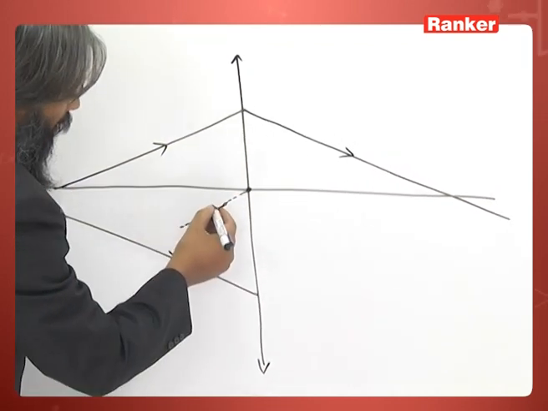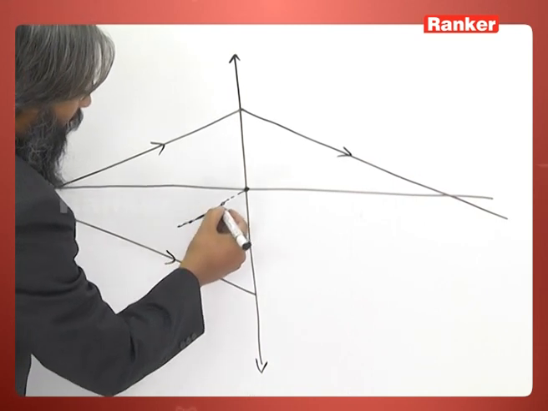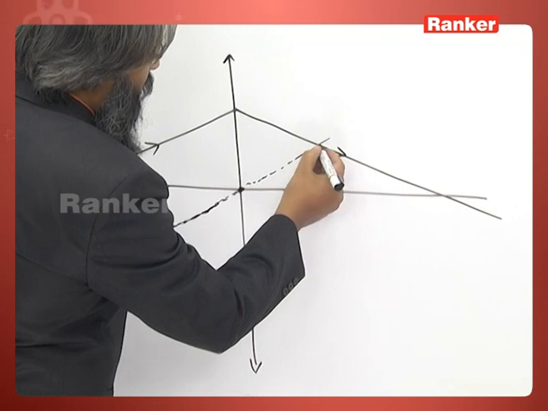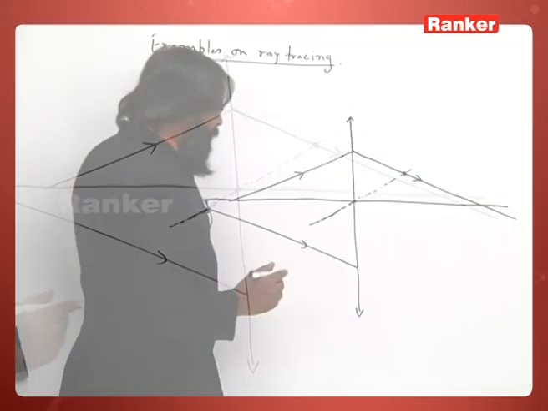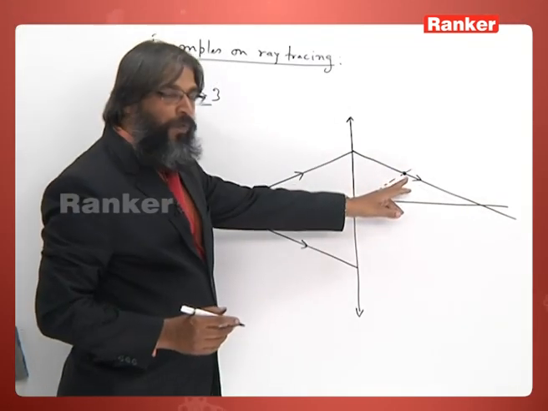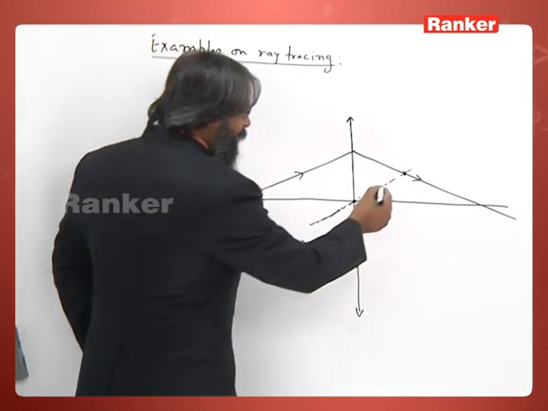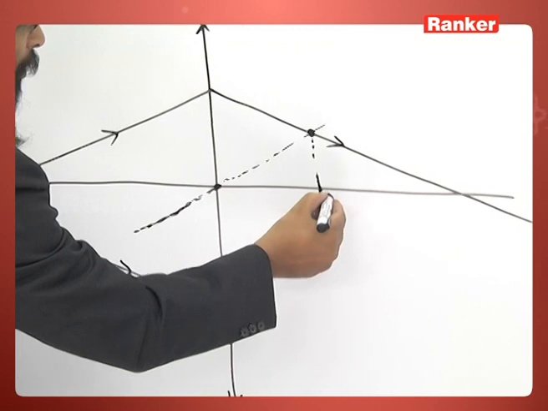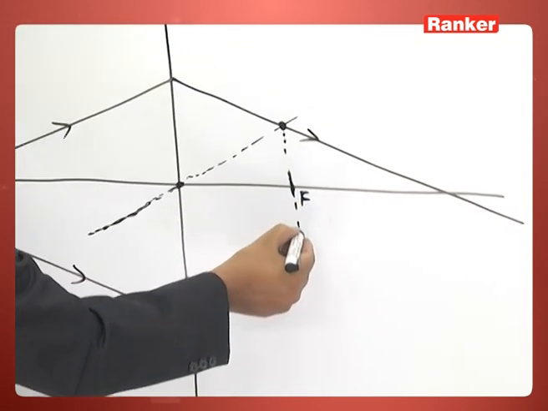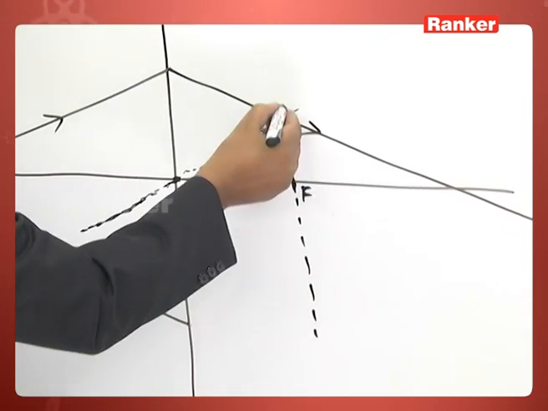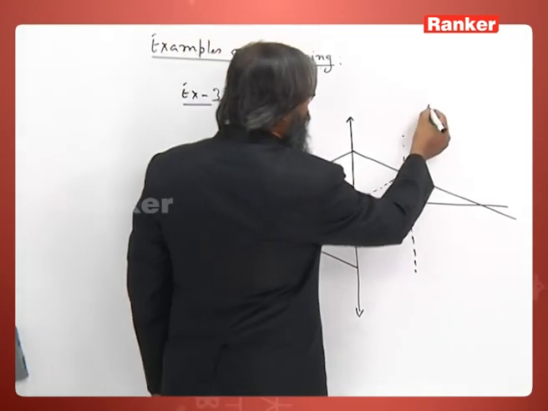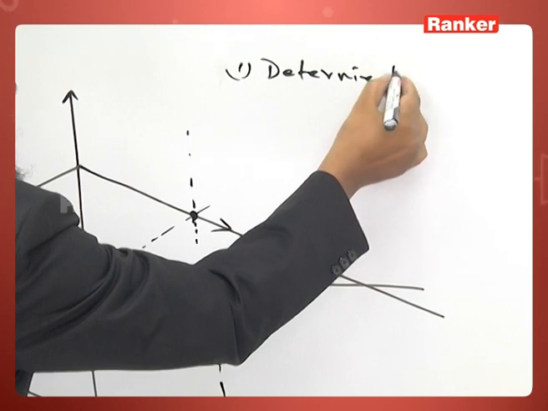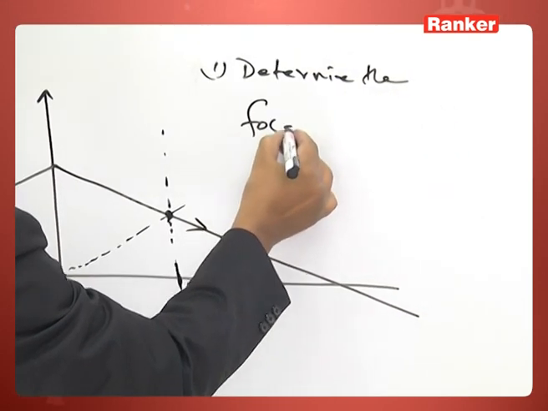Since this line is passing through the optical center, it goes undeviated. That means this is the focal plane. If I draw a perpendicular from here, then I get the focus. Thus I have determined the focal plane. So the first point is to determine the focal plane.